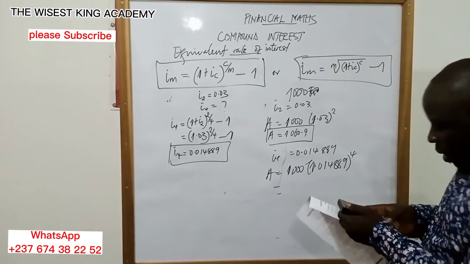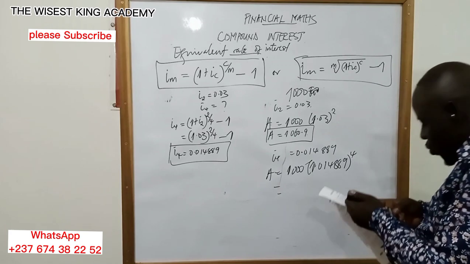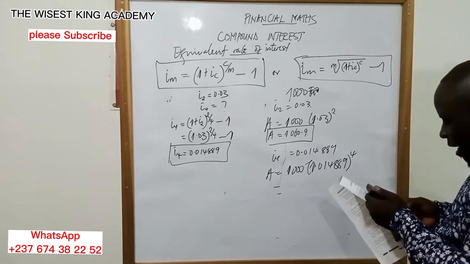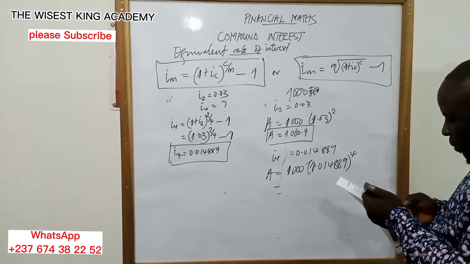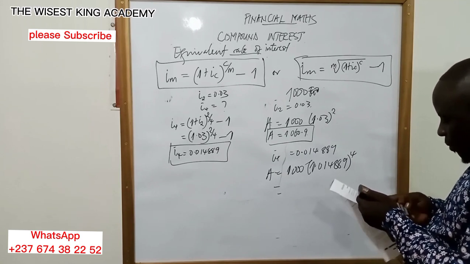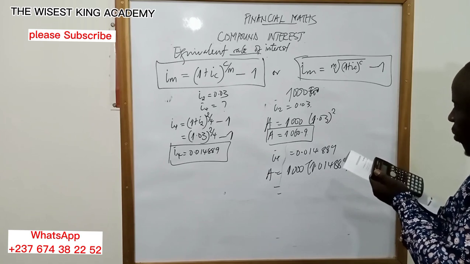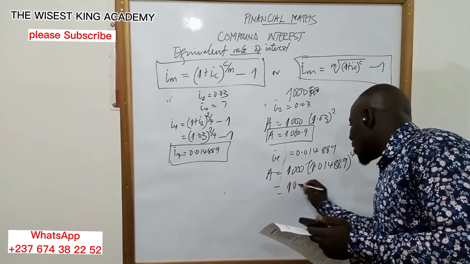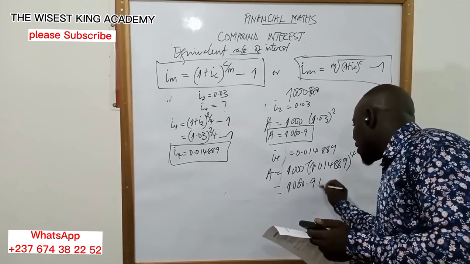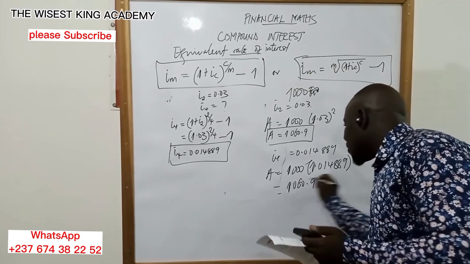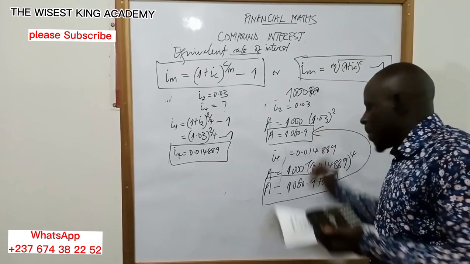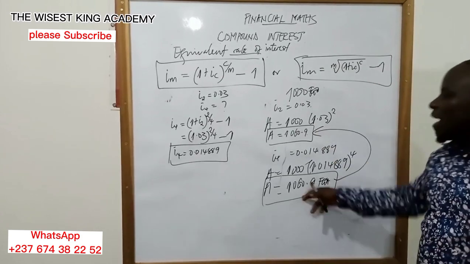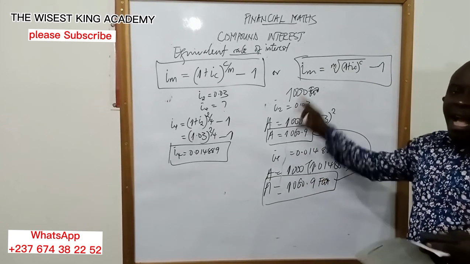This gives us 1,060.9 francs CFA, which is the same as before. So you see, at the end of 1 year, the acquired values are equal.